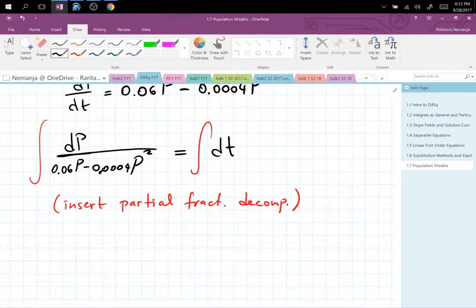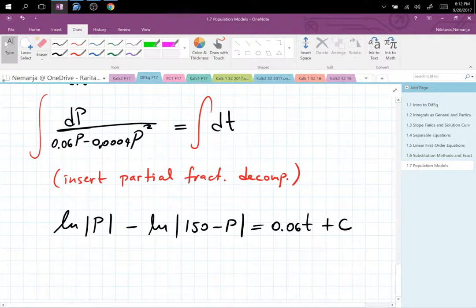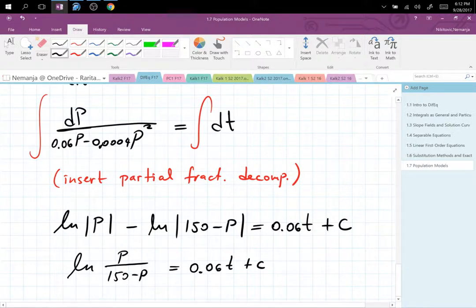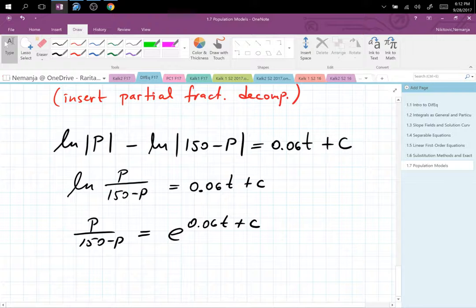And after all of that beautiful work is done, partial fraction decomposition says ln P minus ln(150 minus P) equals 0.06t plus C. Now you will combine this as a division. ln of P over (150 minus P) is equal to 0.06t plus C. Then you e both sides to give you P over (150 minus P) equals e to the 0.06t plus C, which is awesome.